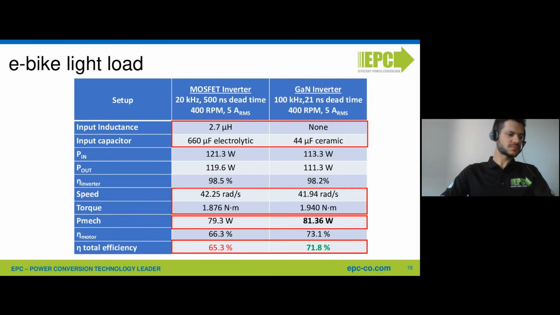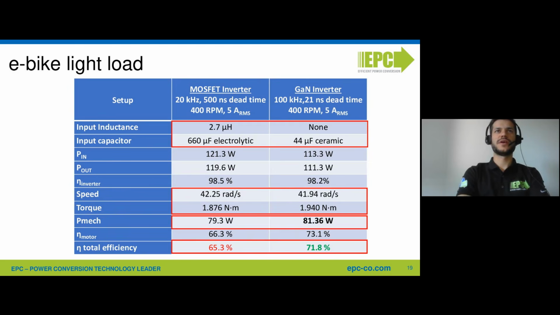So let's have a look at some applications, and in particular at the numbers that come out from some tests that were made. So we are now referring to the same driving differences that I have mentioned before.